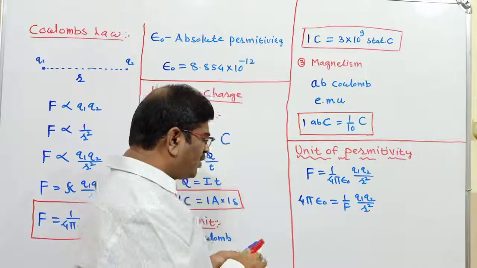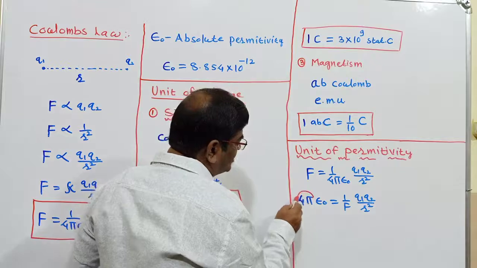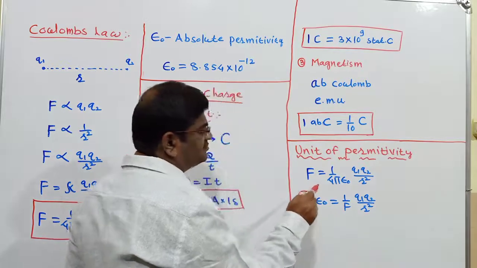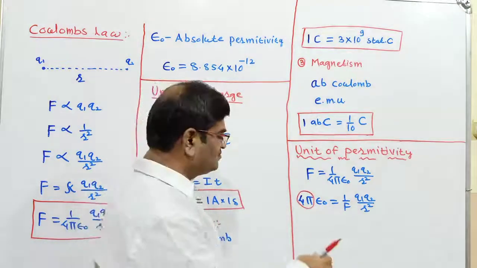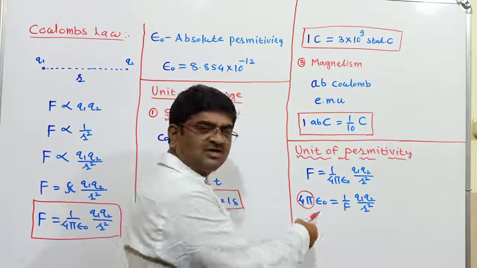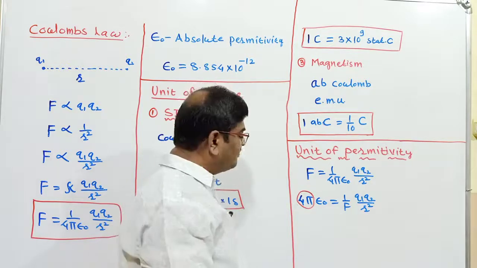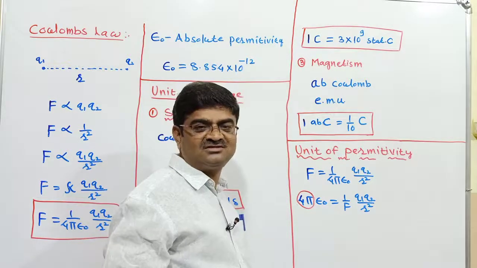What I get to know is that in this equation, there are two terms which do not have a unit, they are unitless. Now this is a number, this is a constant. Pi does not have a unit. It is a dimensionless constant, a unitless constant, you can say.